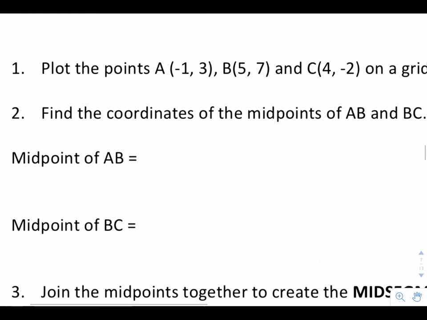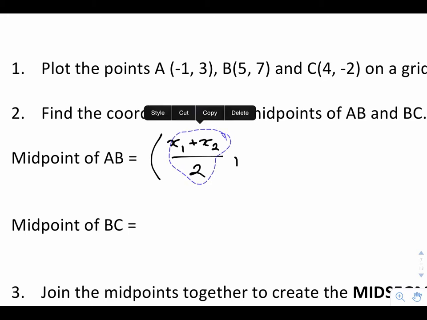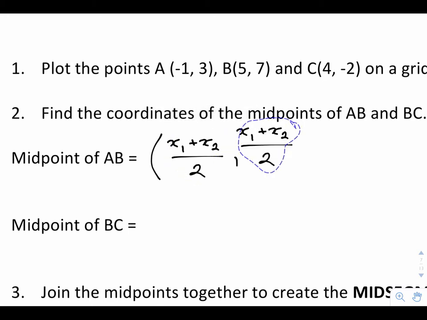So if you recall, the midpoint of 2 points is going to be (x1 plus x2) divided by 2, comma, and it's the same thing except instead of the x's, I'm going to put y. So it'll be (y1 plus y2) divided by 2.